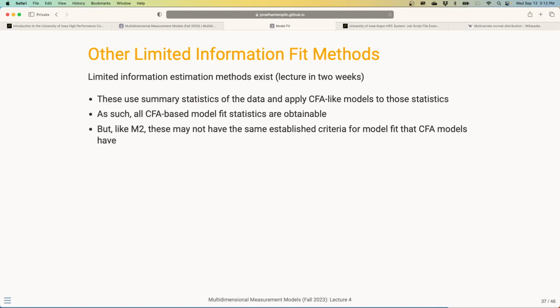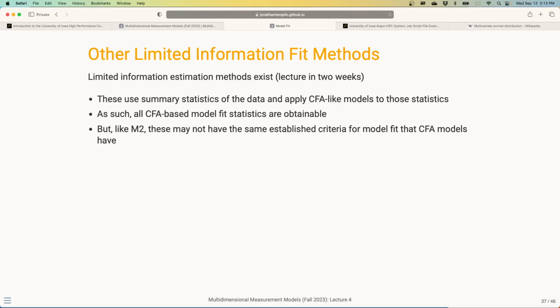Okay, so limited information though, I mentioned this previously. In 2 weeks, we'll be talking about limited information estimation, because that's one of our ways around the estimation problems in multidimensional models. One of the problems we have in IRT models, this is not multidimensional, just IRT, categorical data in general, is assessing model fit. But when we're going to estimate a multidimensional IRT model, or categorical data with multidimensionality, we also have an estimation problem.